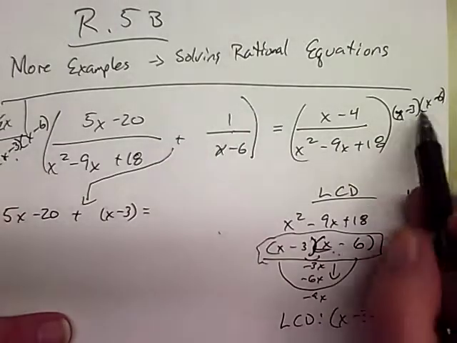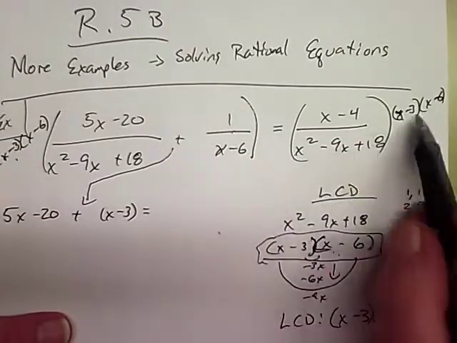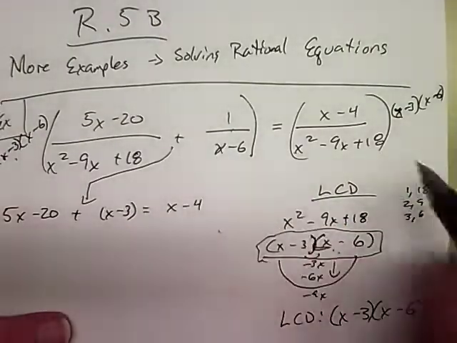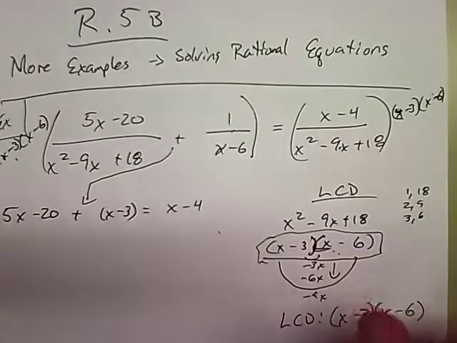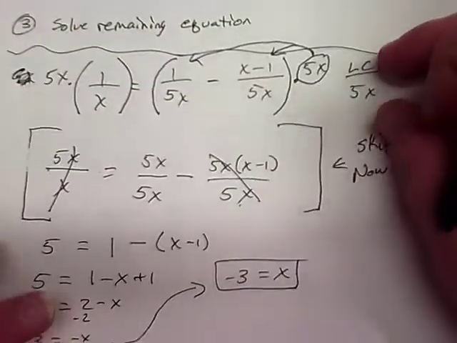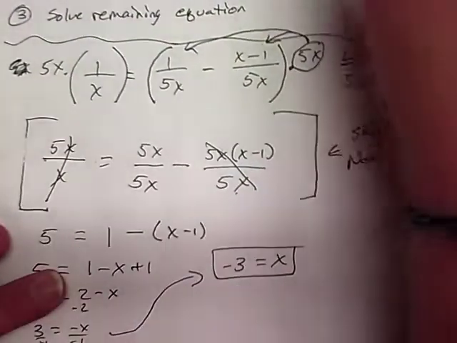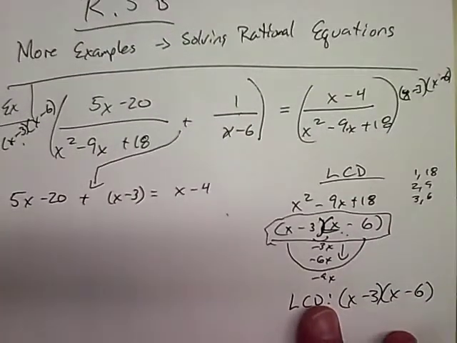On the right side, x minus 3 times x minus 6 cancels with the denominator, leaving x minus 4. Remember, I'm skipping this huge step to make things easier to see.